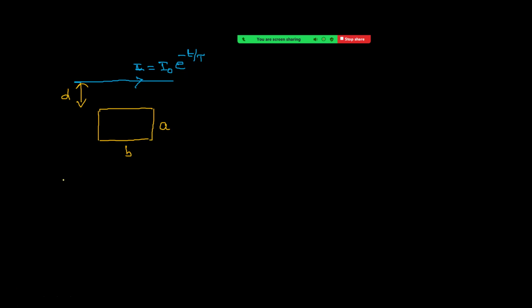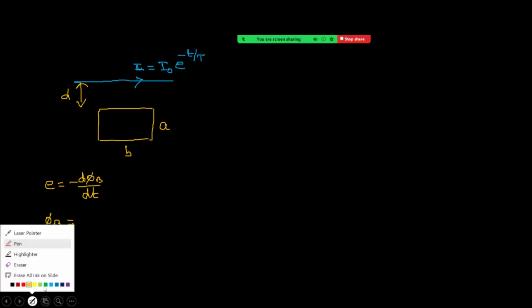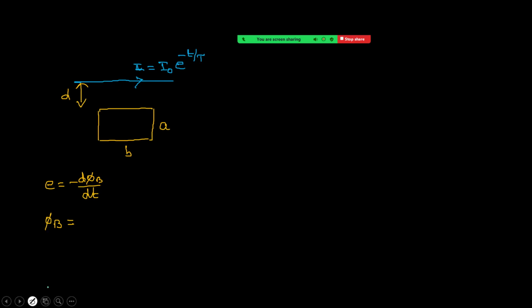So first of all, we take Faraday's law, E equal to minus dΦ by dt, right? So first focus on what is the flux through that loop. Here you can see that at each and every point in the loop, the B value is not the same.